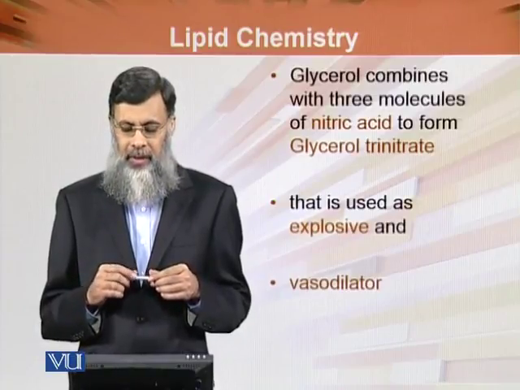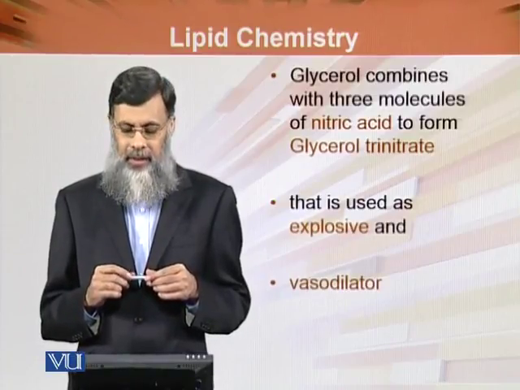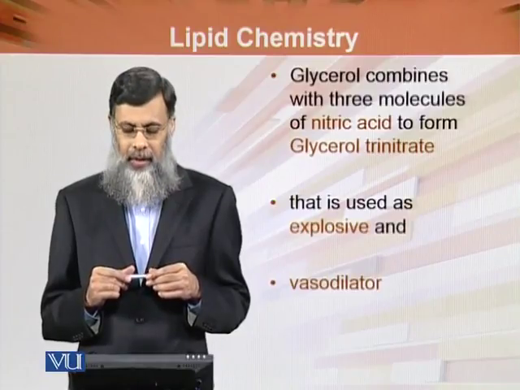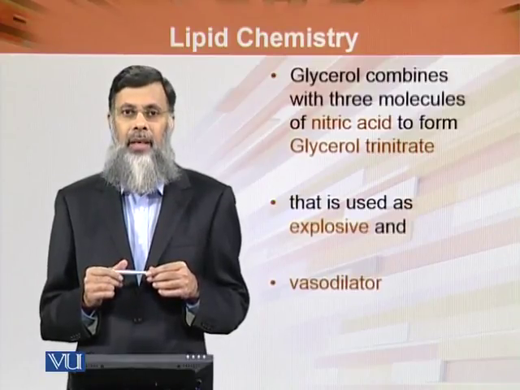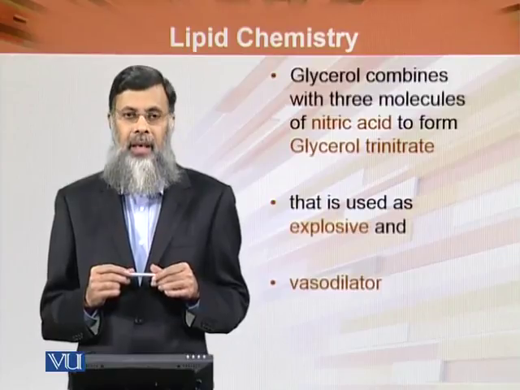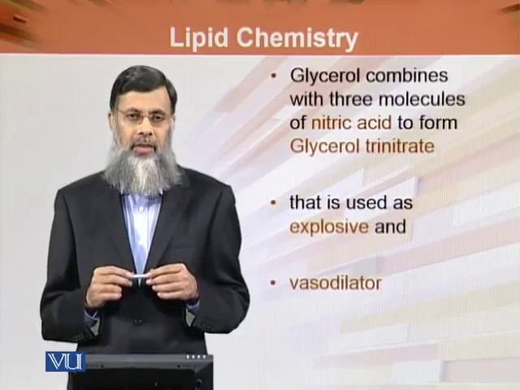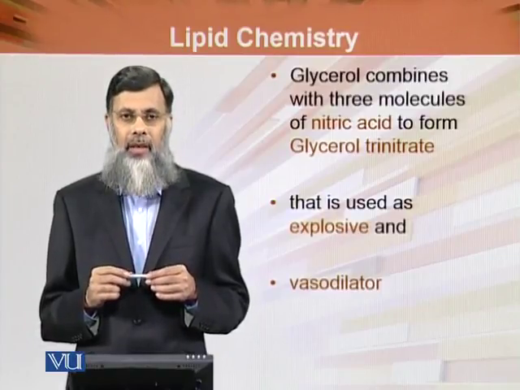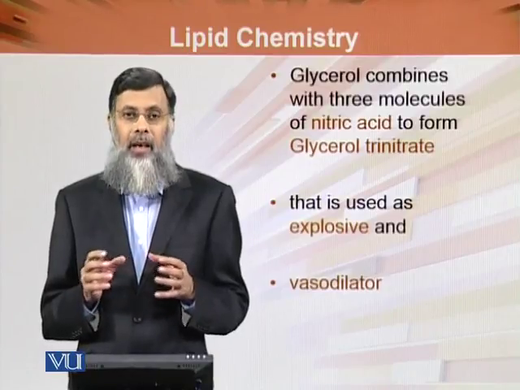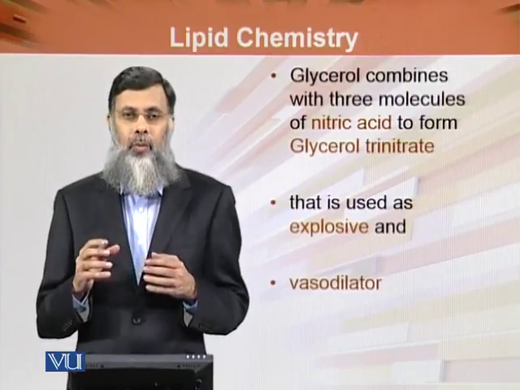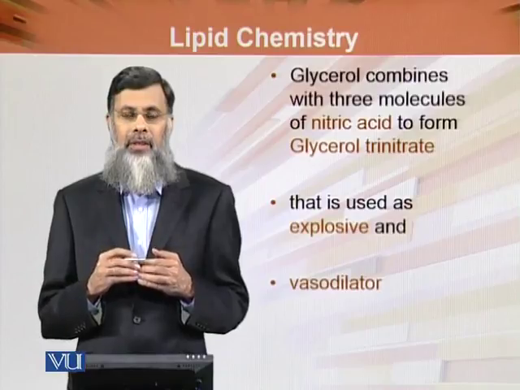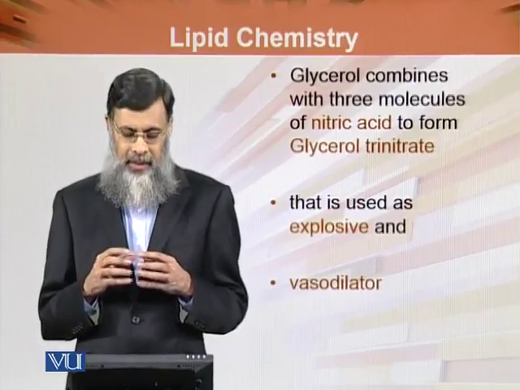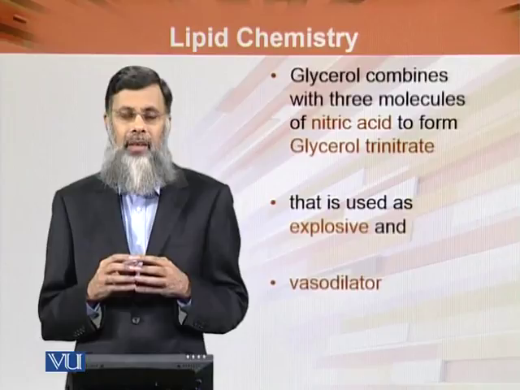Glycerol combines with 3 molecules of nitric acid to form glycerol trinitrate. This glycerol trinitrate is used as an explosive agent, and it is also used as a vasodilator. Now you may be confused about why the same product is used as an explosive and as a vasodilator.